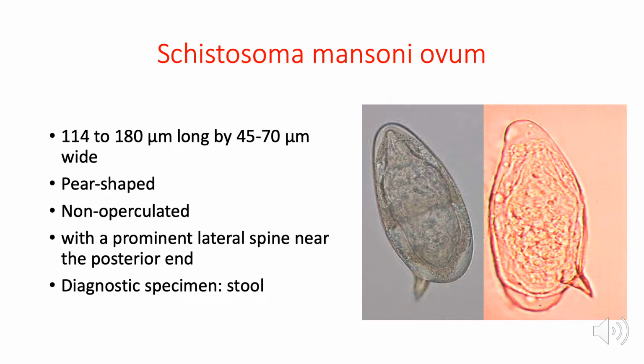You have to look for that prominent lateral spine near the posterior end. And since the adult stage of Schistosoma mansoni is thriving in the inferior mesenteric vein, expect that this ovum or egg can be found in the stool. So the stool is the diagnostic specimen.